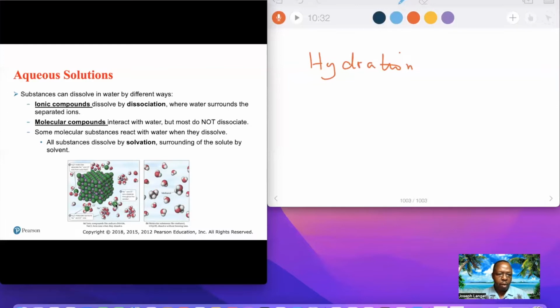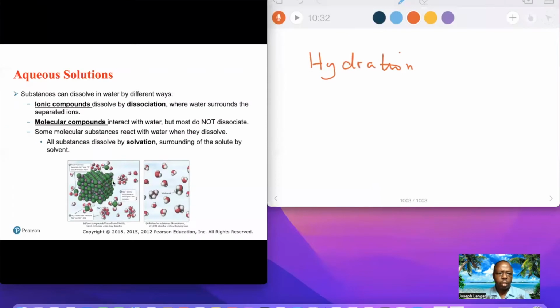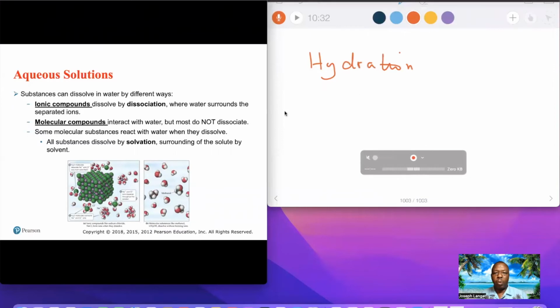If you look at the chloride, the green spheres on the slide, hydrogen gets associated with the chloride. This is negative, this is positive. We say that this is solvation with a solvent, but if it is a water molecule, we say hydration.